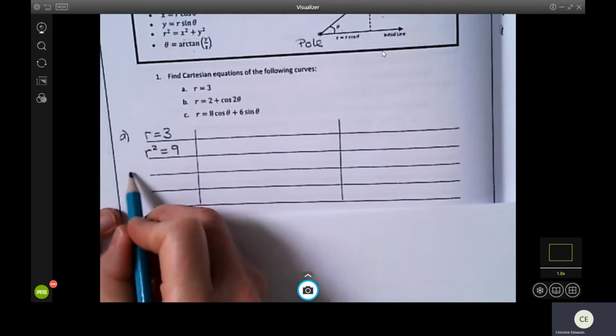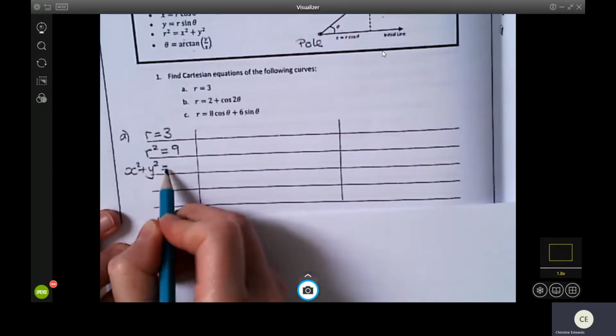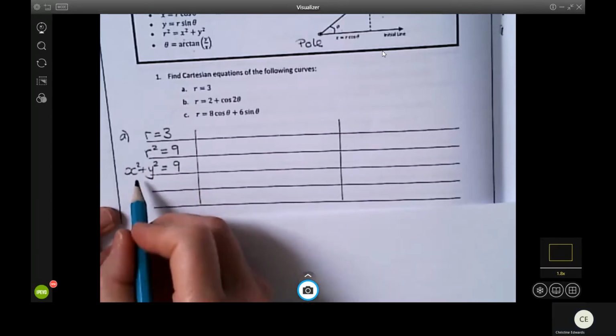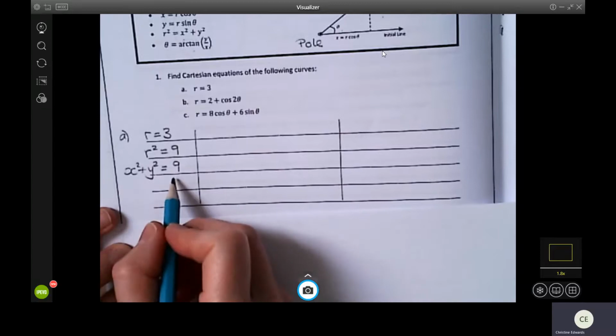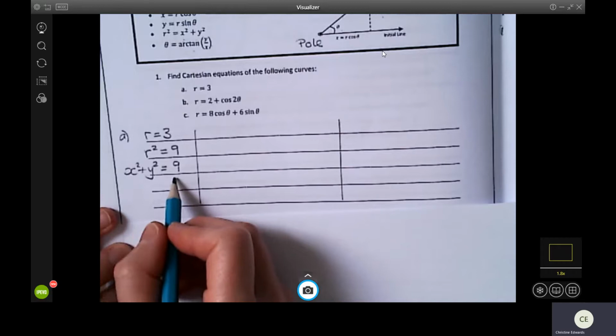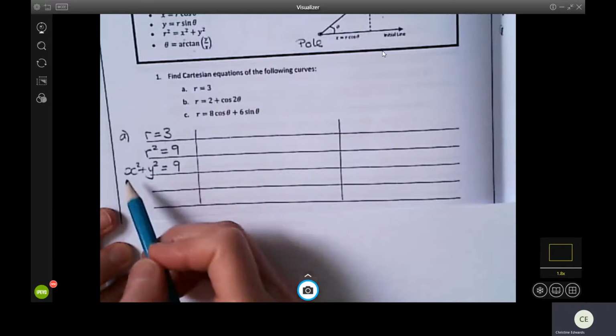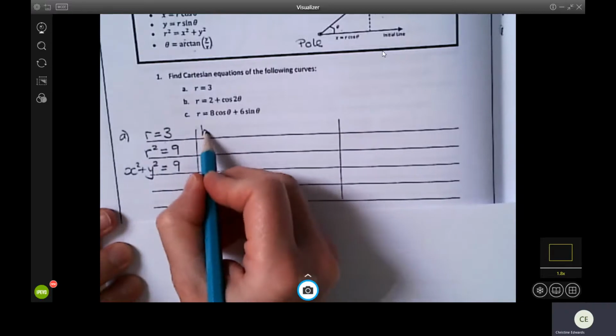I can now replace r squared with x squared plus y squared equals 9. And I recognise that that's a circle centred at the origin with a radius of 3. So r equals 3 is a very simple way of describing a circle with a radius of 3 in polar coordinates.